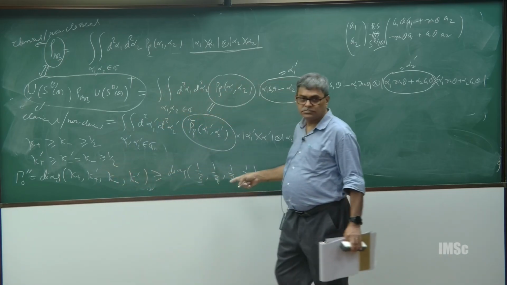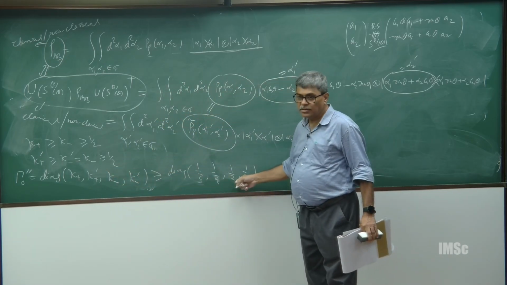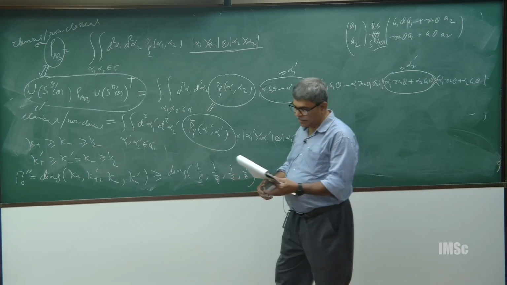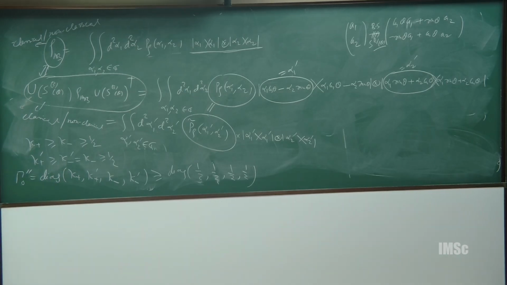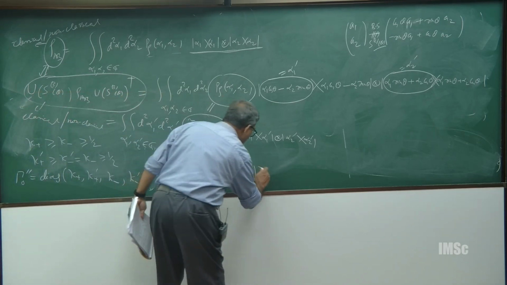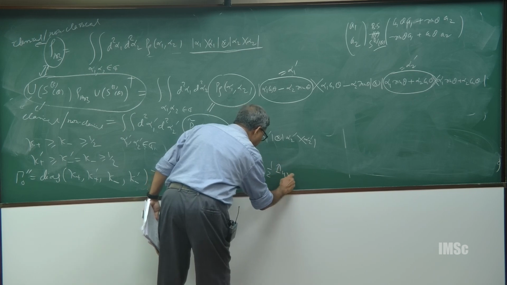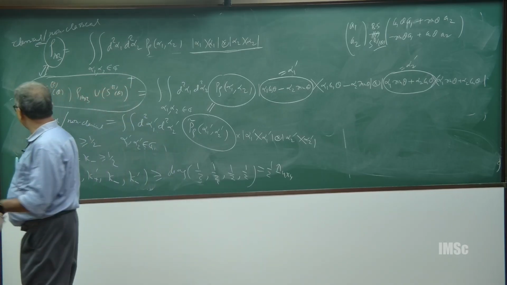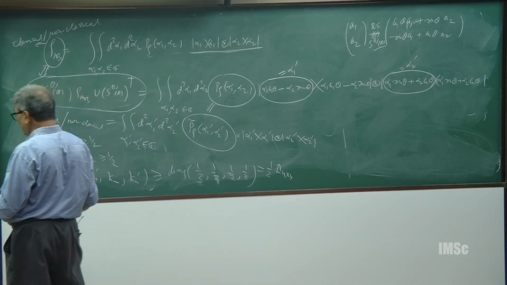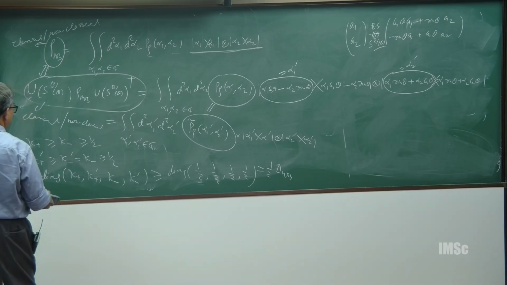This is basically half identity 4 cross 4. This is greater than or equal to half identity 4 cross 4. Okay. So, now let me go back.